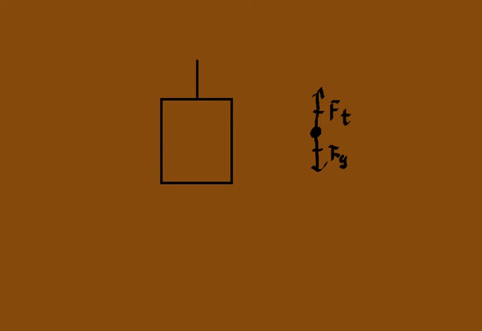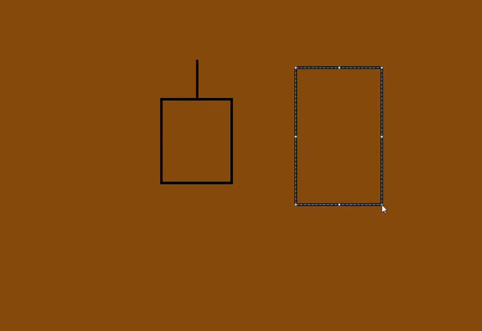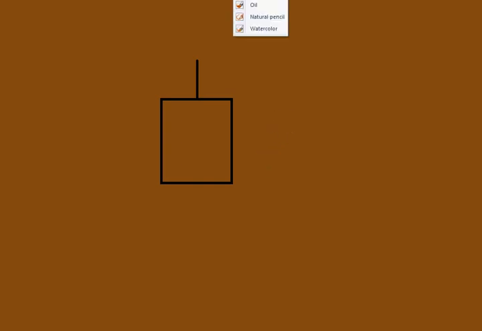So let's say in another case, this elevator is actually moving down at a constant velocity of, let's say, 5 meters per second.